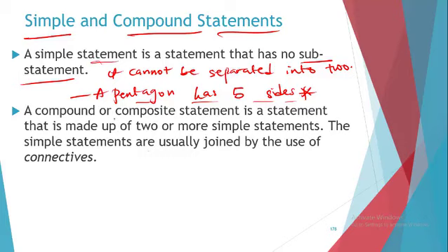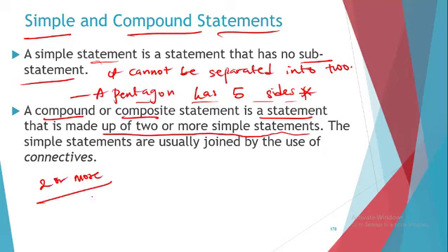Then we have a compound statement, or composite statement. A compound or composite statement is a statement that is made up of 2 or more simple statements. That is to say that the simple statements can be joined together, where we have 2 or more simple statements coming together to form one statement.